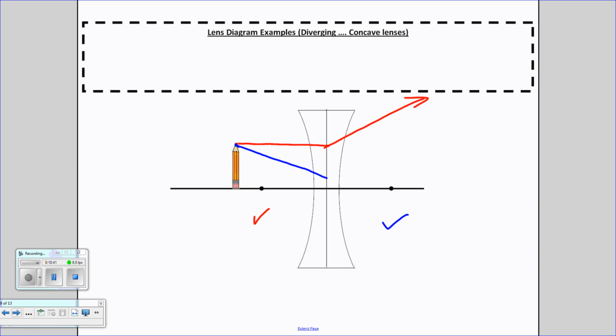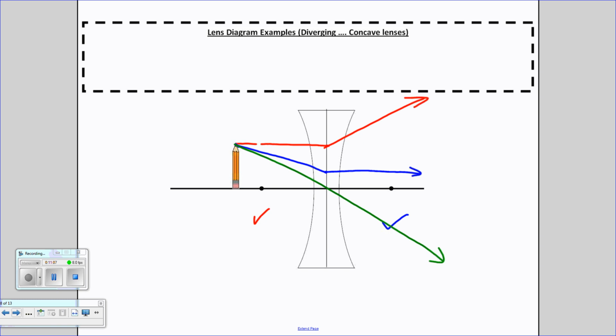Ooh, that's a little steeper than it needs to be. Better. Not great, but better. All right, so in through focal and out parallel. And then line 3, straight through the center. Whee! Okay, these 3 lines never meet, and it is a diverging lens.